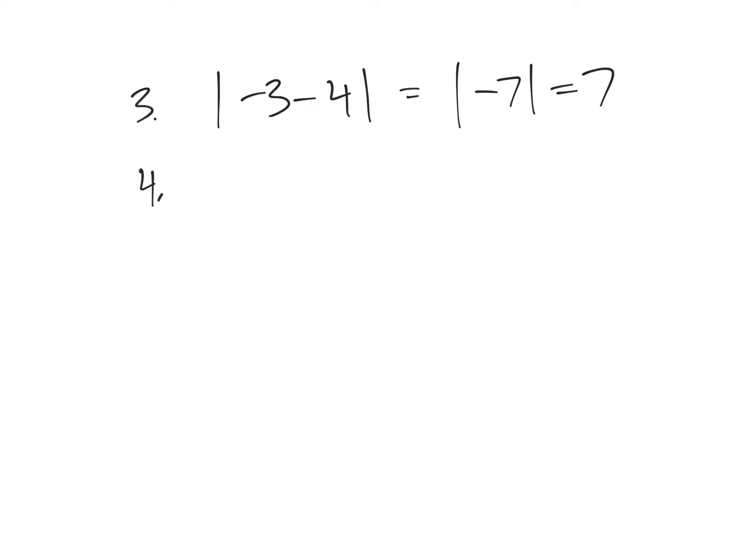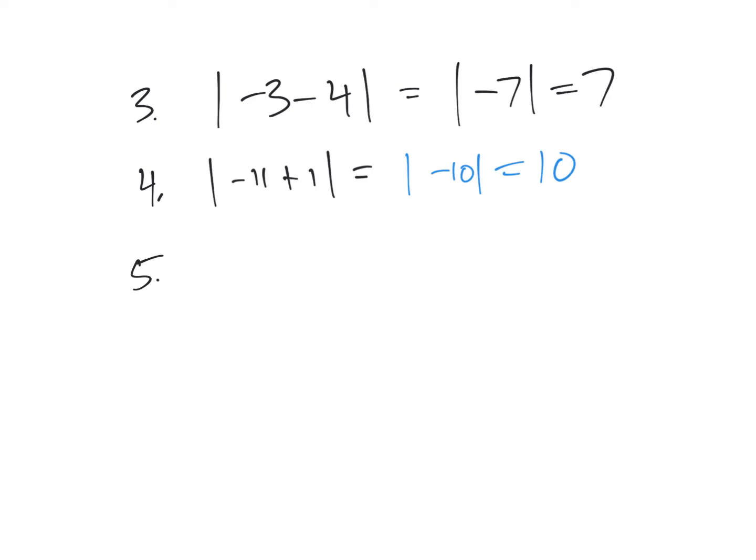Number 4, let's do the absolute value of negative 11 plus 1. And you should have said that's the absolute value of negative 10, which is 10. If you said 12, then count it wrong. You got to do what's on the inside first.